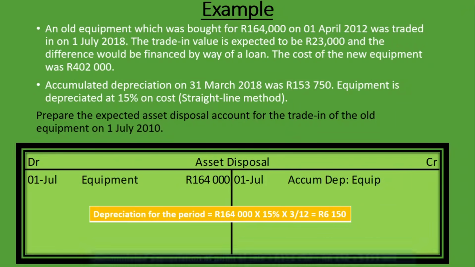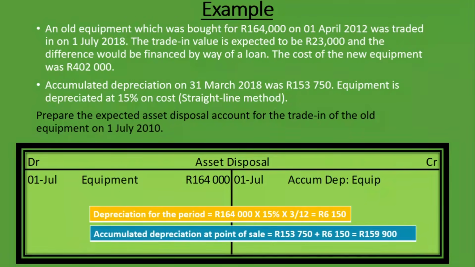So let's do the calculation. Accumulated depreciation at the point of sale is 153,750 Rand plus 6,150 Rand, and gives us total accumulated depreciation of 159,900 Rand.